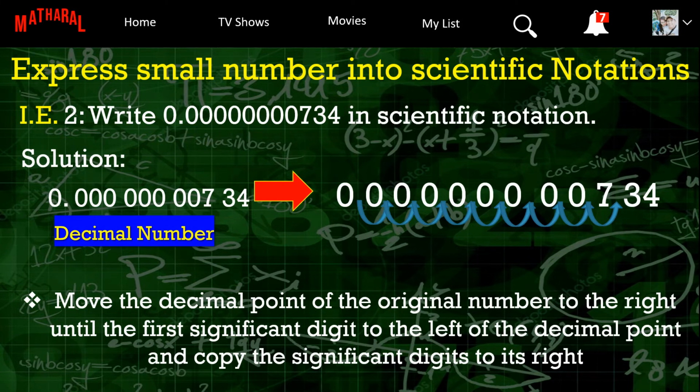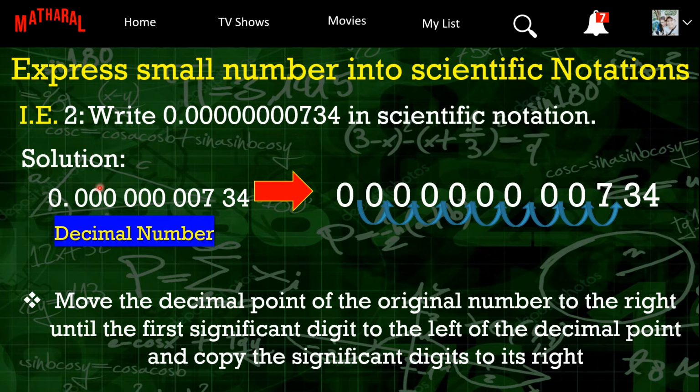With our previous example, we're able to express large numbers into scientific notation. But in here, we're asked to express small numbers into scientific notation. So here, we are asked to write 0.000000000734 in scientific notation, which is a very small number.